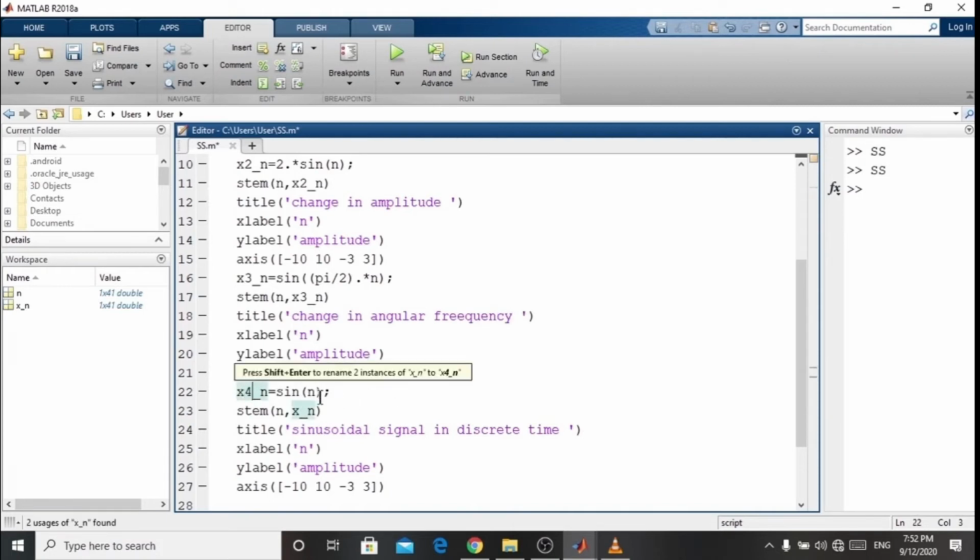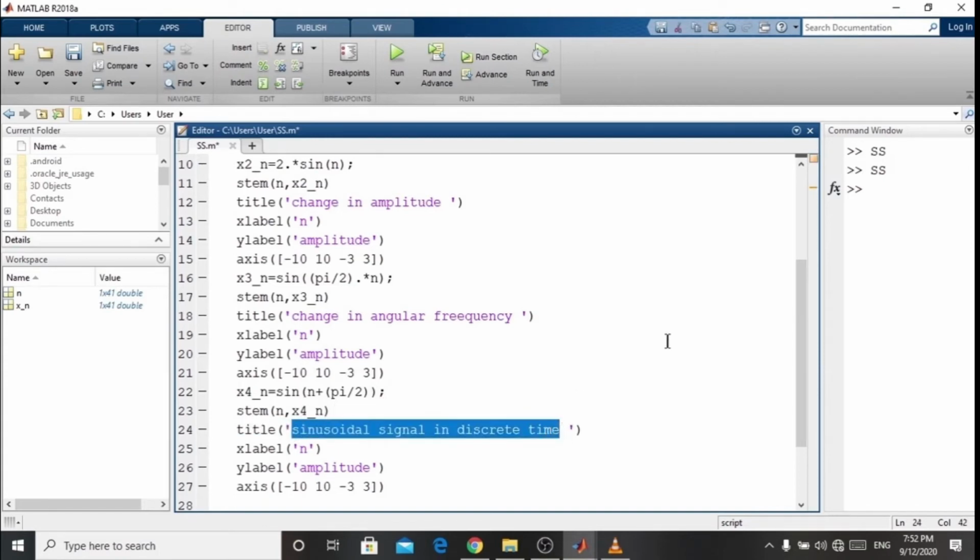Changing this to x4 underscore n is equal to sine n plus pi by 2 radians. Changing these to x4 and changing the title to change in phase angle.